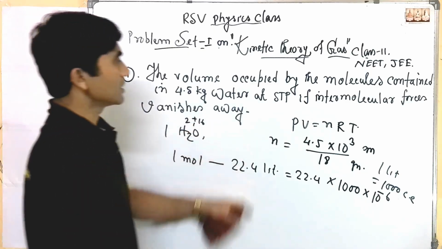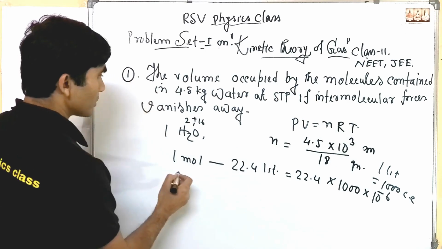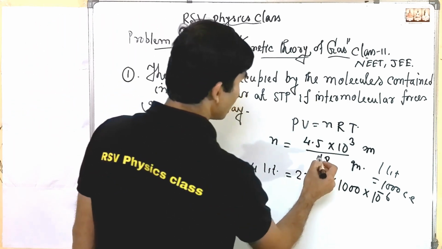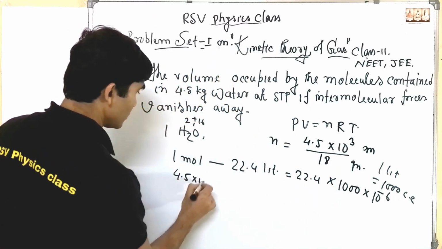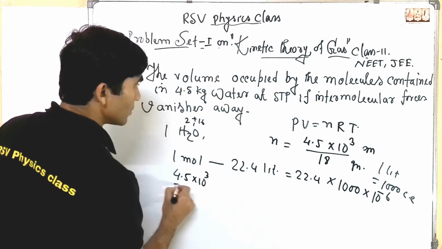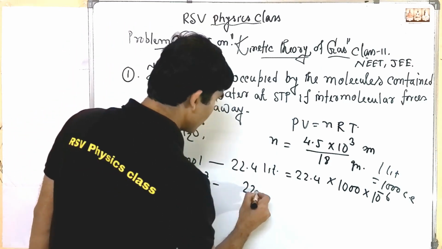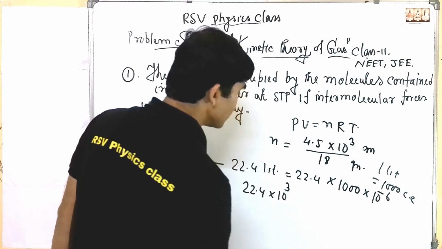The number of moles is 4.5 × 10^3 over 18 mole, and 1 mole occupies 22.4 × 10^-3 meter cube.